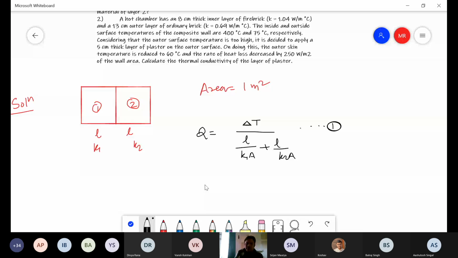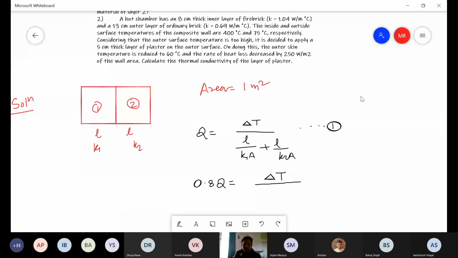Correct. Again, the temperature difference is going to remain the same. That is what is being given in the problem statement. The total wall thickness and the driving force remain unchanged. Driving force remaining unchanged means delta T remains unchanged.